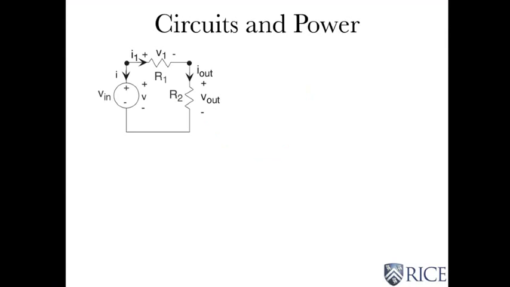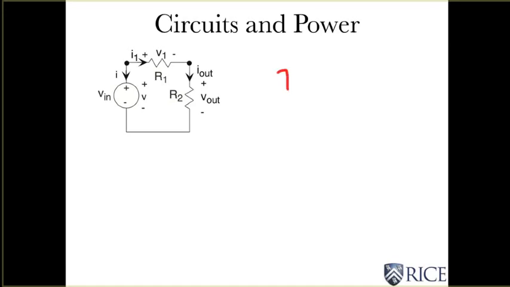So let's do a little power calculation. I'm very interested in what is consuming power and what is the source of the power that's being consumed. So as we know, power for each element is the voltage that we have times its current.